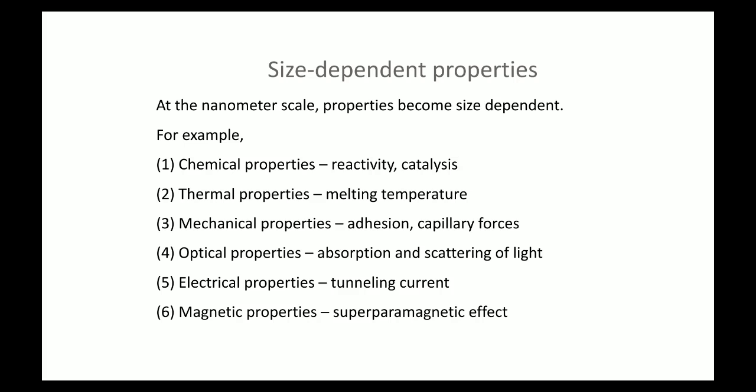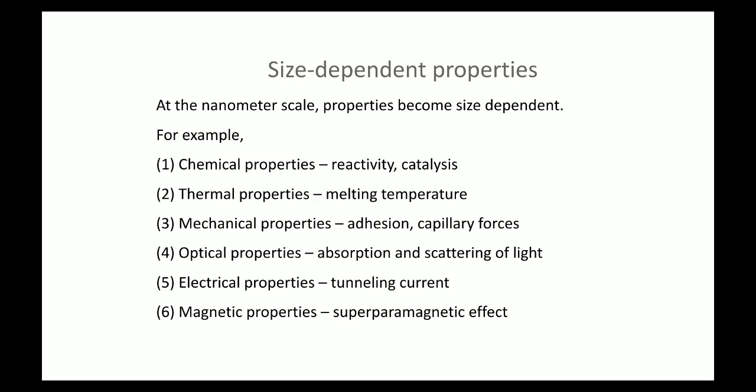In the next semester we are going to see in detail how the chemical properties are changing, why the optical properties are changing, how the electrical properties are changing, and because of this change, whether we can make different kinds of devices at the nanoscale which cannot be functionalized at the bulk scale. That is our aim when we see the physical and chemical properties of nanomaterials in the next paper.